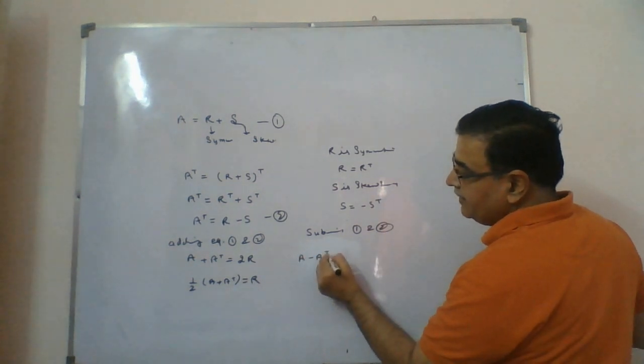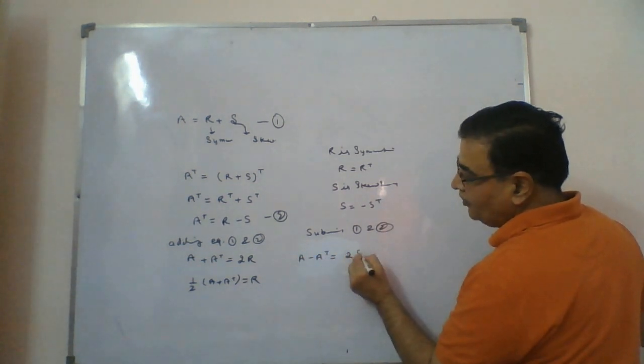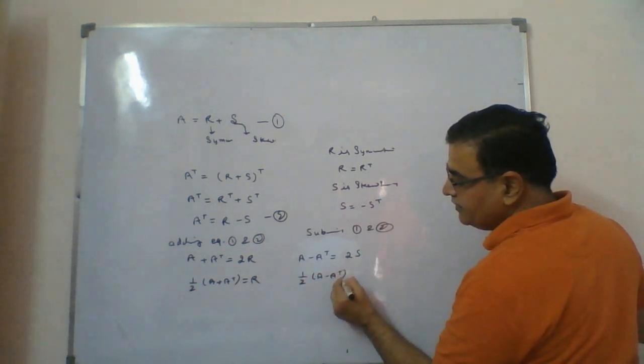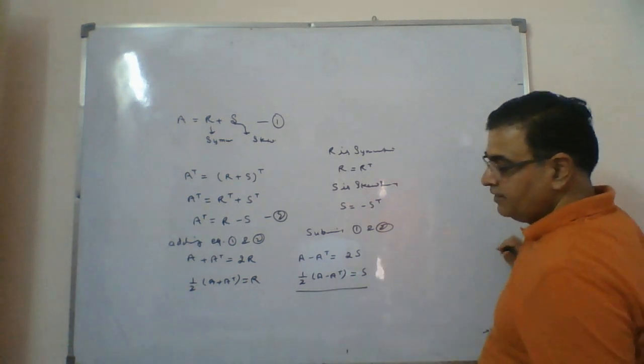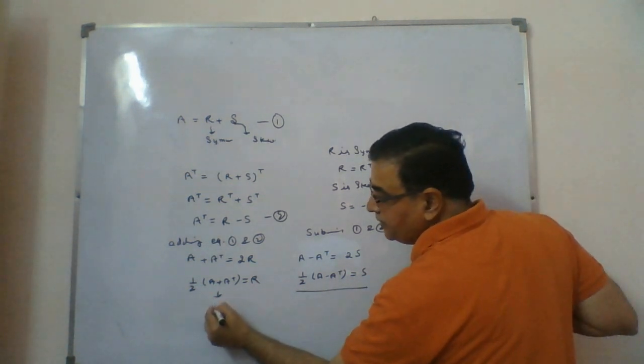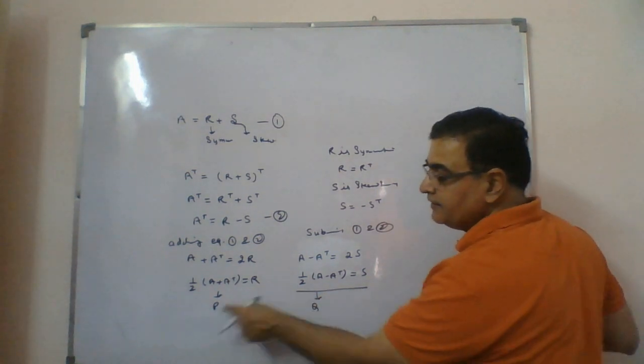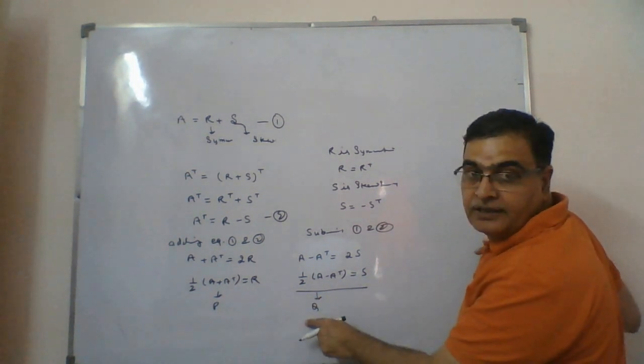A minus A transpose will be twice of S, or I should say half of A minus A transpose is your S. Is it coming as P, which you have done earlier? This is coming Q. That means R is nothing but P. S is again nothing but Q.